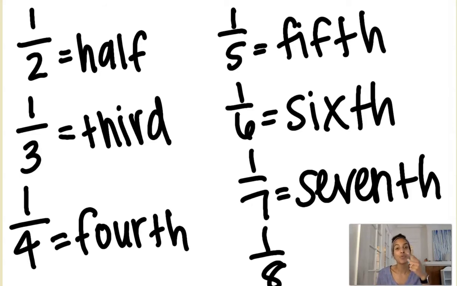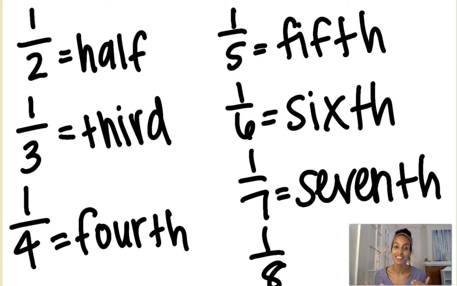When we read the numerator, we say it as we normally do: 1, 2, 3, 4, 5, 6, and so on. When we read the denominator, it gets a little bit different. Looking at the first example, 1/2, we read that as one half, because we say the numerator the same.